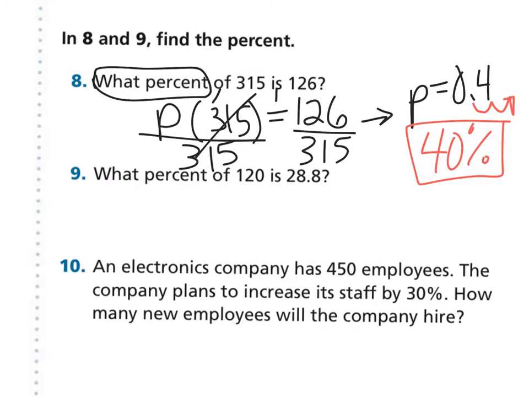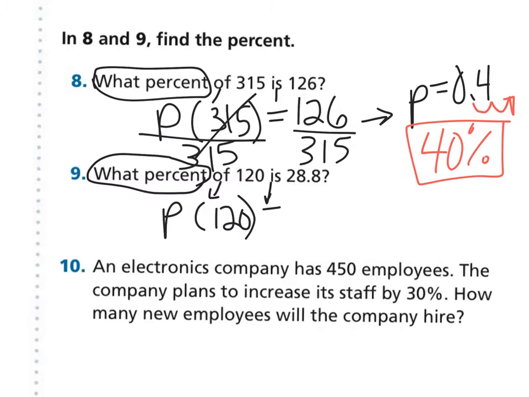Look at number 9, same idea. "What percent" is what we're trying to find, so you can do P. "Of" means multiplying by 120. "Is" means equals 28.8. We're trying to get that variable by itself again. Once again, they are being multiplied by 120, which means we need to divide by 120.